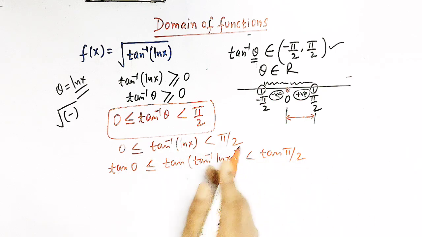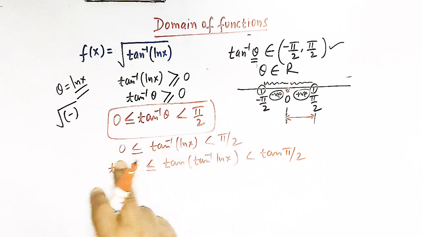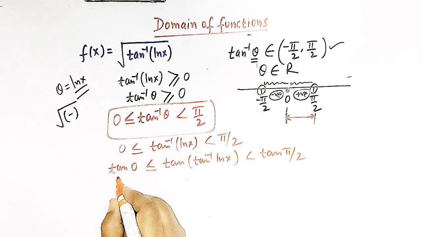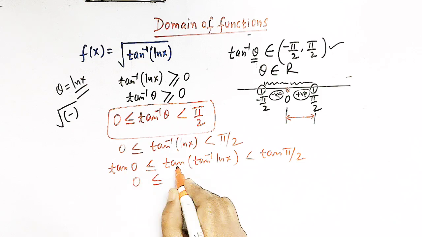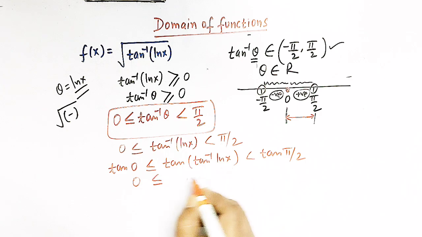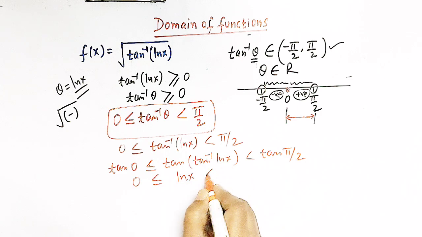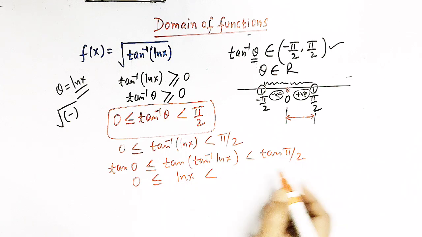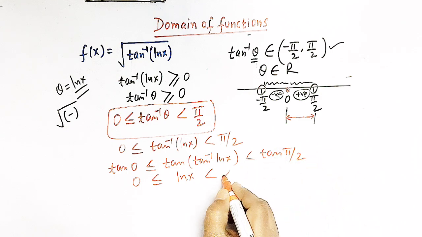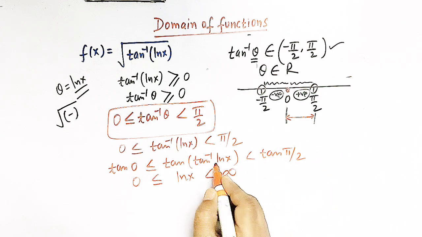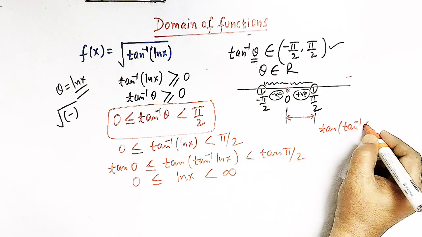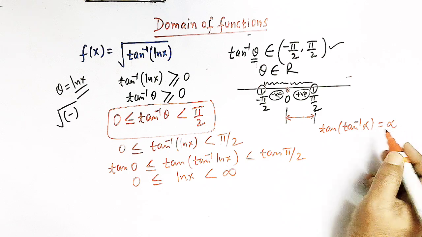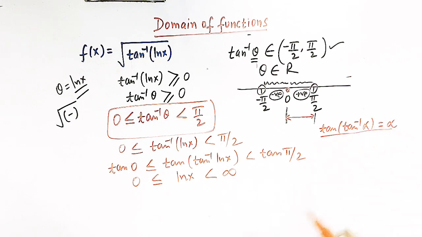The value of tan 0 is 0, tan of tan inverse natural log of x is simply natural log of x, and tan pi by 2 is not defined, so we write infinity. Here we have used the result that tan of tan inverse alpha is equal to alpha, from the properties of inverse trigonometric functions.